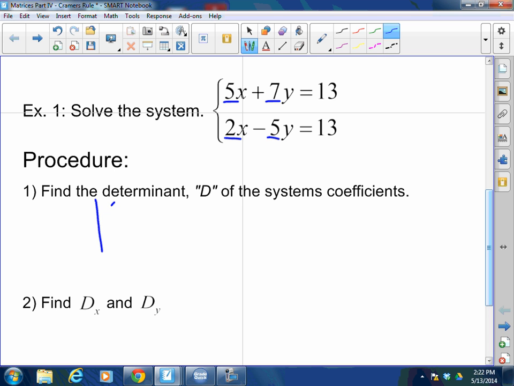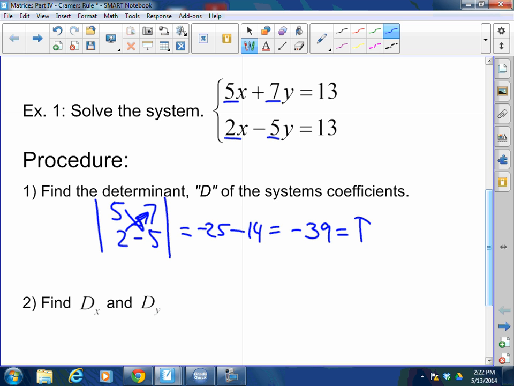So I have 5, 7, 2, and negative 5. So my determinant is negative 25 minus 14, which is negative 39. That equals the determinant of the matrix. We're good?